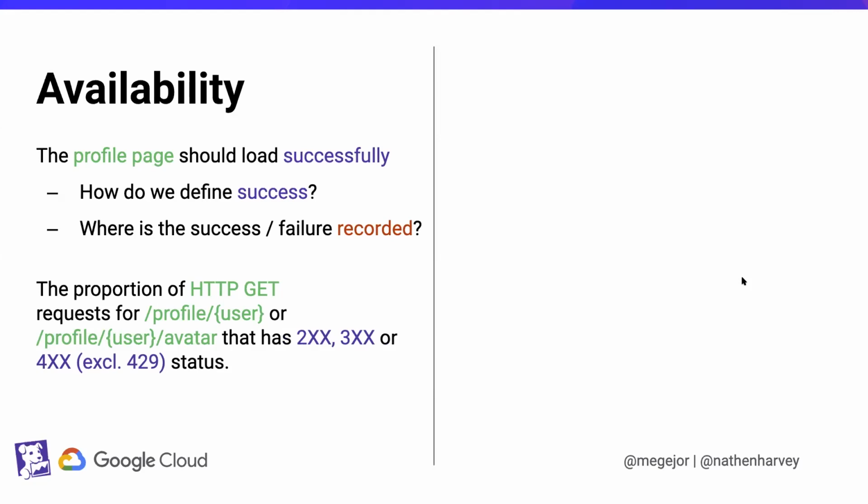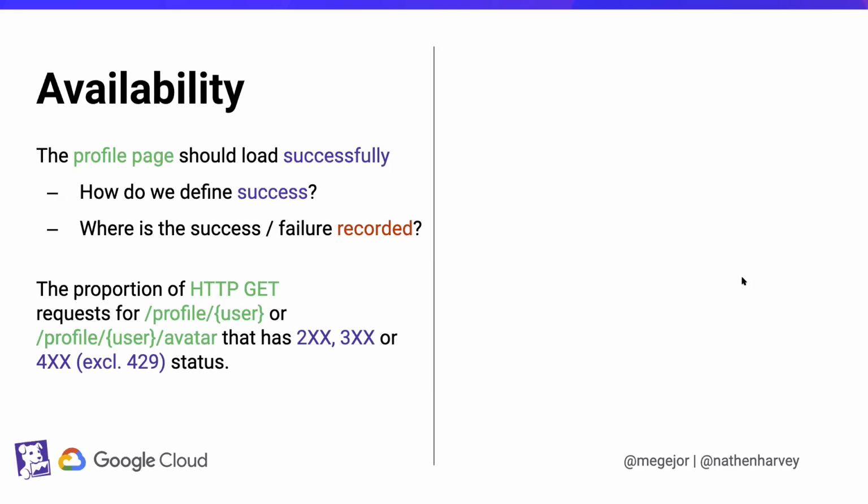So when we have a 200 or a 300, maybe even some 400s, maybe what we've decided is that if somebody calls, say, the profile page for a user and that user doesn't exist, maybe we return a 404. We might say that's probably a bot that's trying to scrape our website or just guessing at users.